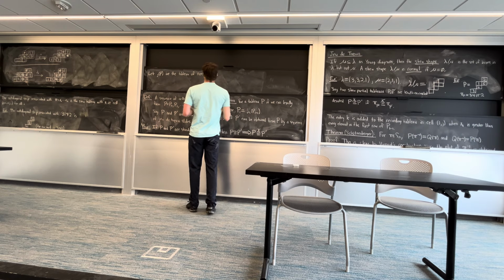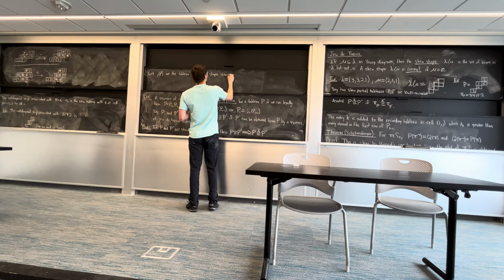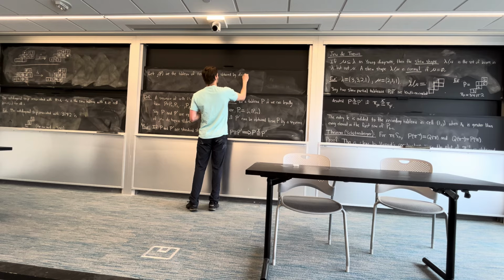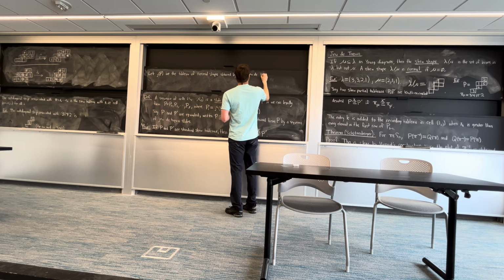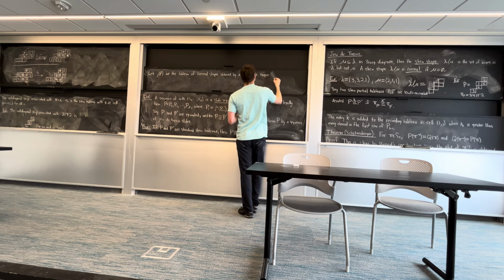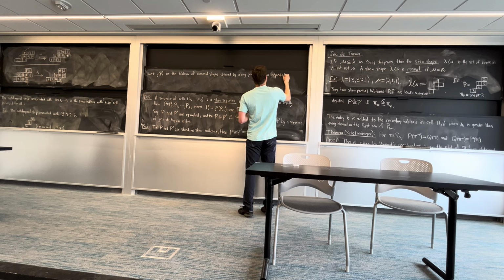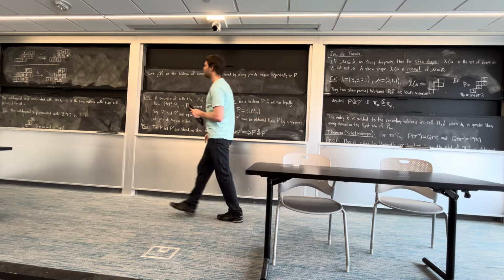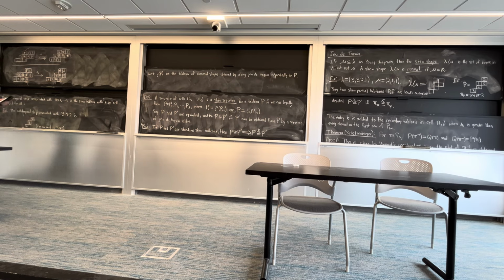So the tableau of normal shape obtained by doing jeu de taquin repeatedly to P.